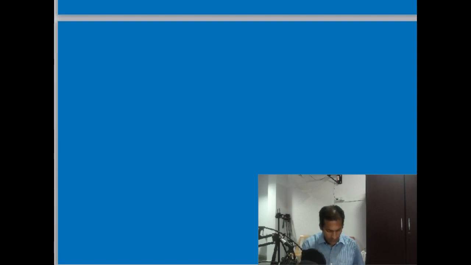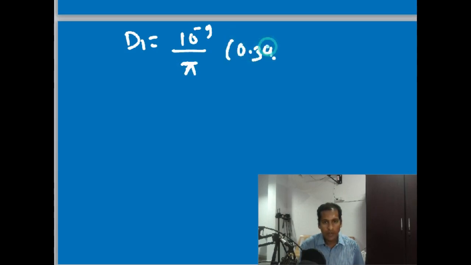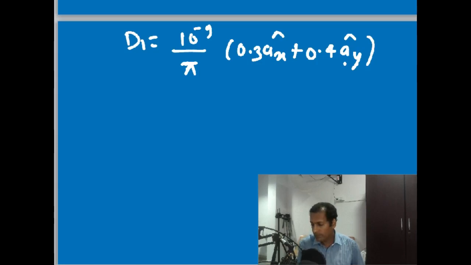So after solving this, we'll get D1 will be equal to 10 to the power minus 9 by pi into 0.3 AX cap plus 0.4 AY cap.